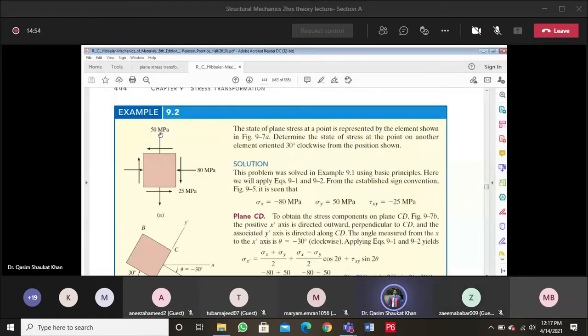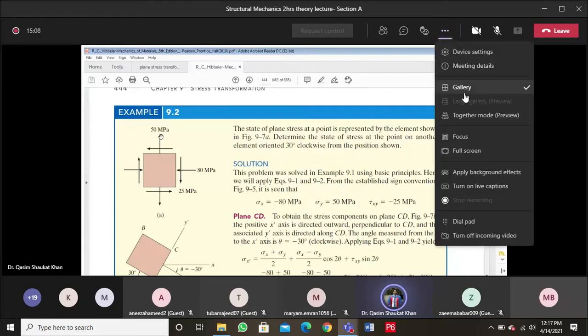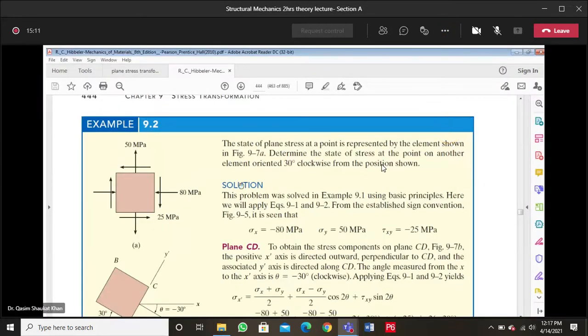It's example 9.2 of the book. The question statement is: the state of plane stress at a point is represented by the element shown in the figure 9.7.